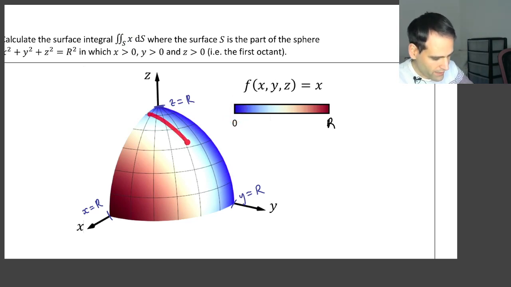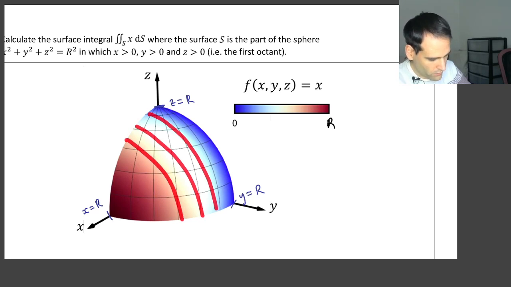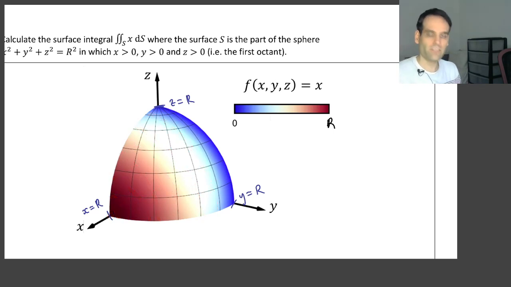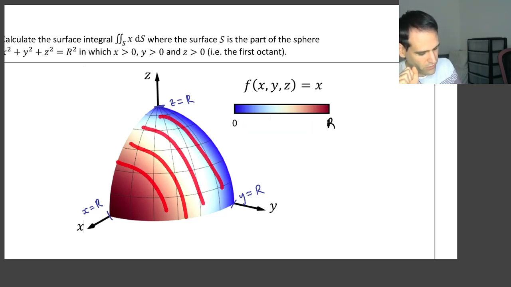Then as you increase x, you get concentric circles around this pole. Okay, you could call this, it's not the North Pole because it's not on z, but it is a pole, I don't know how to call it, it's a point in this sphere where x equals R. And you have seen that as we moved towards that pole, the color was getting darker and darker because the integrand x is getting bigger and bigger.